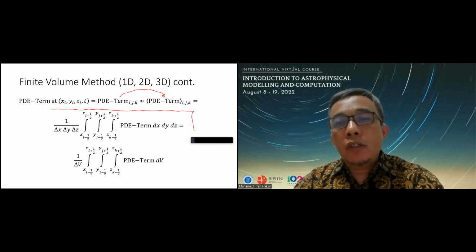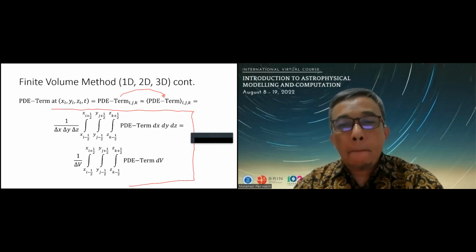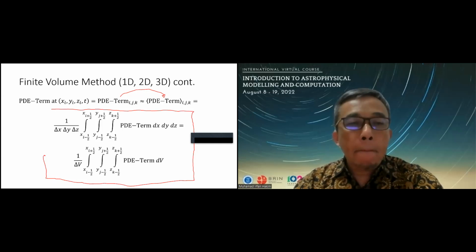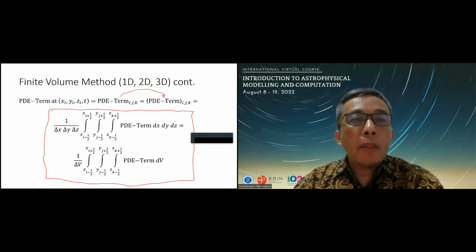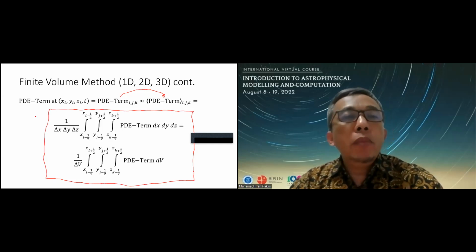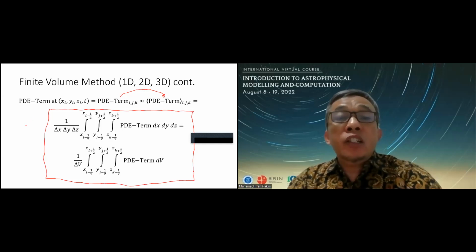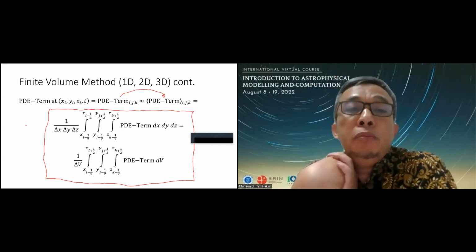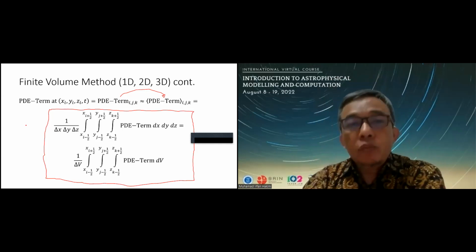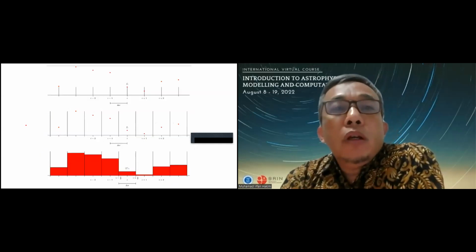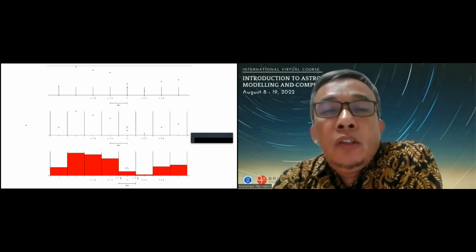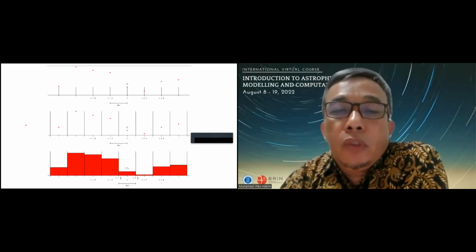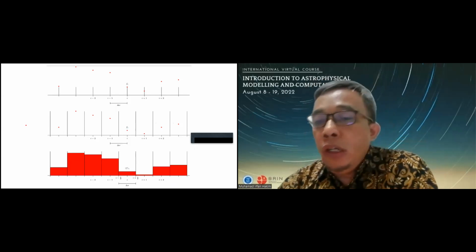So I hope this gives you a clear explanation of how to use this finite volume method. This is the interpretation of the finite volume method here.